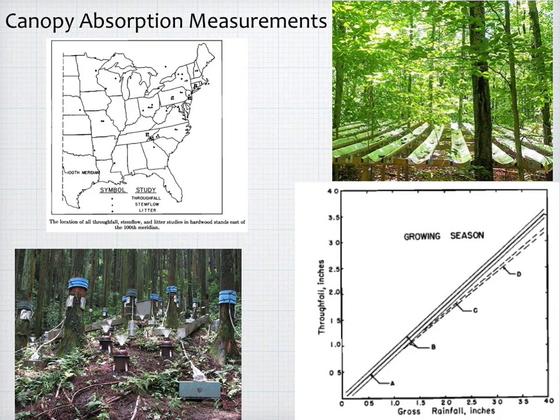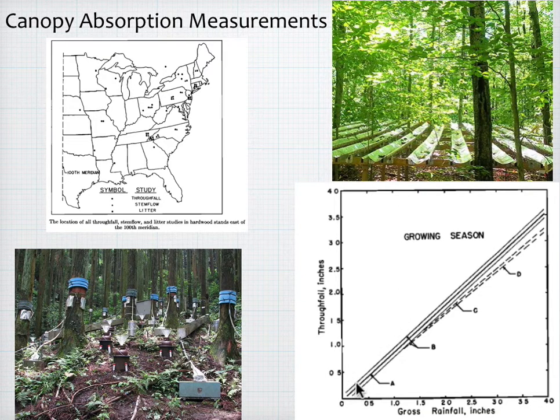So we are going to avail ourselves of the literature to get canopy absorption measurements. A lot of work has been done underneath canopies of various types, measuring the amount of through flow. So you can measure the amount of water or rainfall you get outside of the canopy or above the canopy, and then the amount you get below the canopy, and do a simple subtraction.